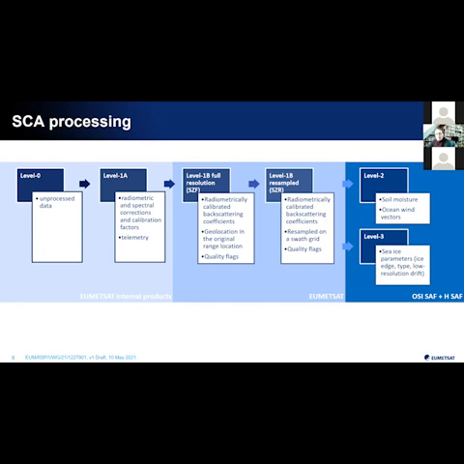The next product we are generating is the resampled product. This basically collects the individual measurements from the individual beams and resamples them on a swath grid. And this will also include quality flags, of course.